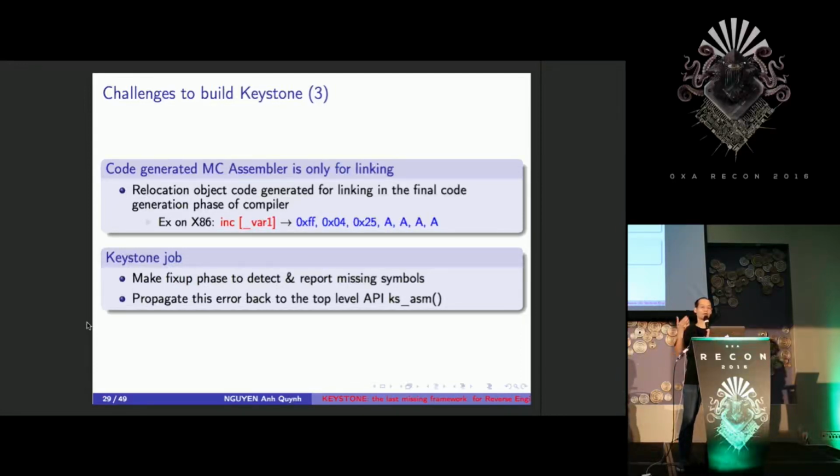It doesn't know where var1 is. So only the linker at the next phase knows that. But Keystone needs to know because we just want to compile to get the final output. So what I did here is fix it so I can detect and report the missing symbol. So if var1 is not available, it's missing, I report that this one is missing and the assembly input is not correct.